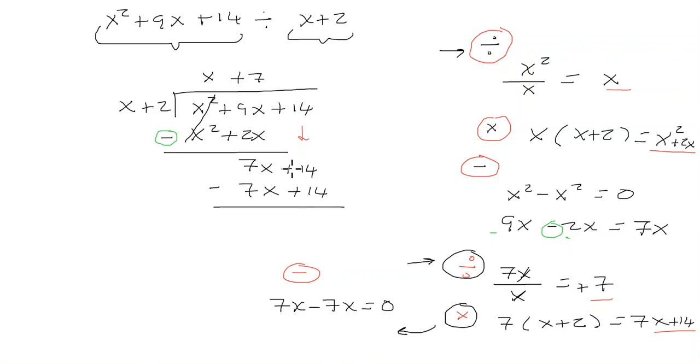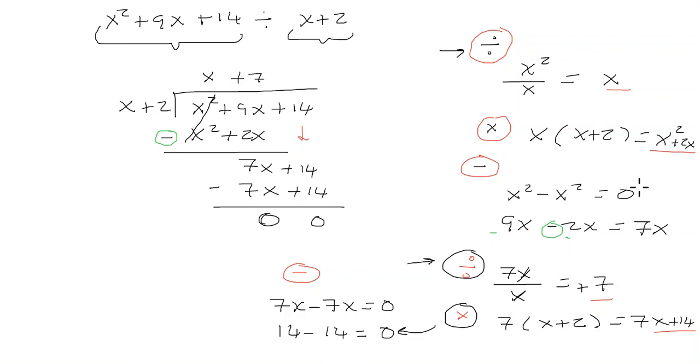Then we have plus 14 minus plus 14, so 14 minus 14 is equal to 0. These cancel out, and there's no remainder left.